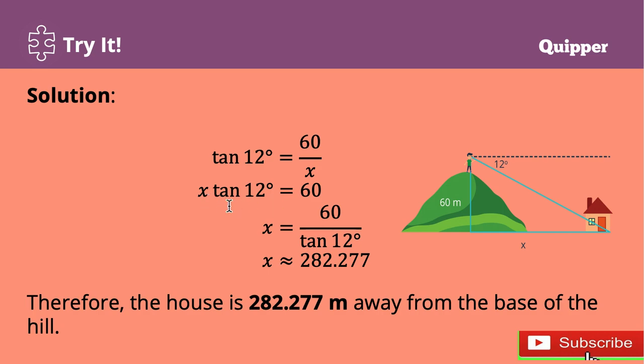So we have x is equal to 60 divided by tangent 12 degrees. And 60 divided by tangent 12 degrees is approximately 282.277. Therefore, the house is 282 meters away from the base of the hill.